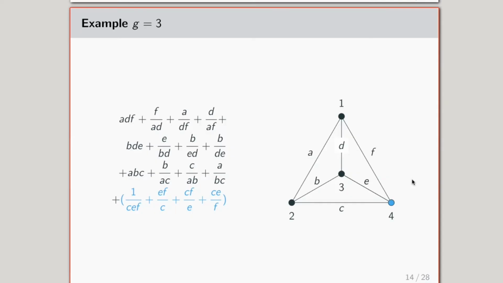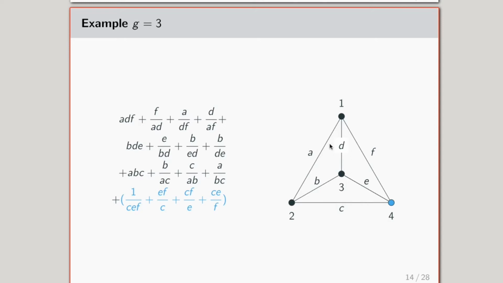So let me do another example. This is a genus 4 graph. As you see, maybe genus 3 graph, I forgot. So see there are 3 black vertices and 1 blue vertex, and so you just write down the function appropriately. Okay, so just puncture at all the points.